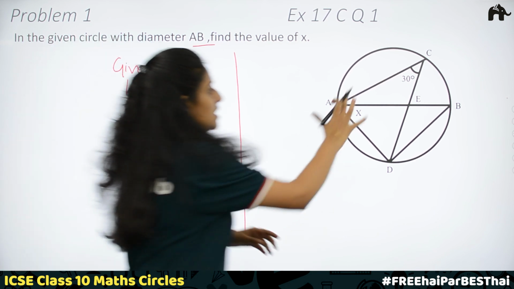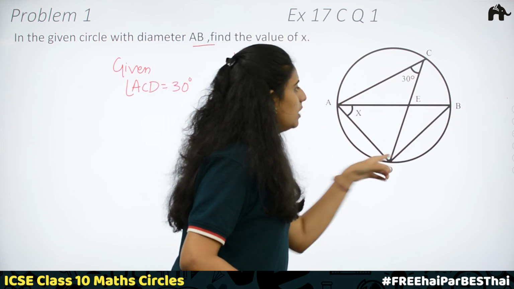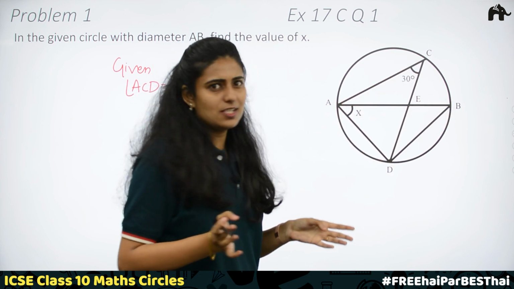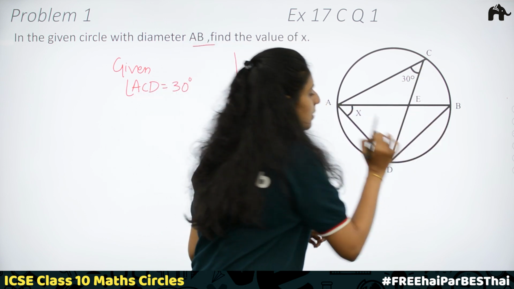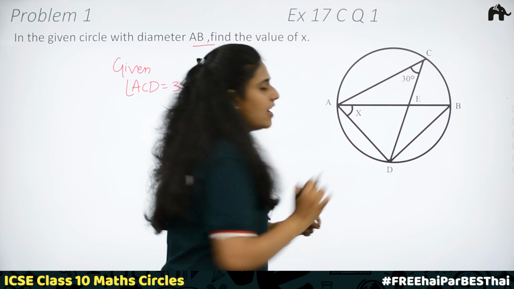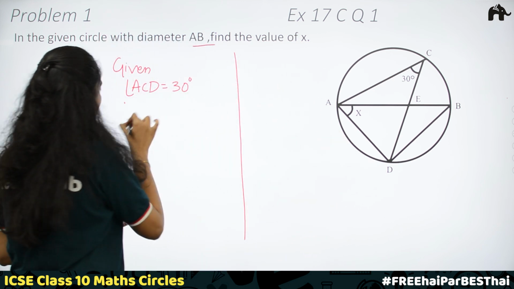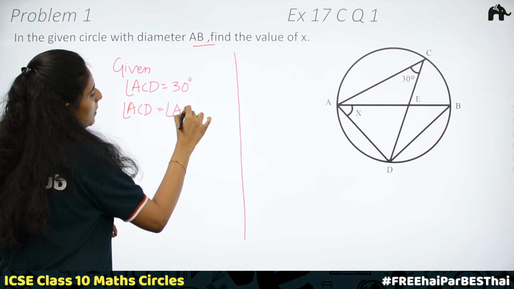From this figure, it is clear that ACD will be equal to ABD. We have studied all concepts. You remember them? Yes. Why is ACD equal to ABD? Because they are subtended by the same arc AD. We will be having angle ACD equal to angle ABD.